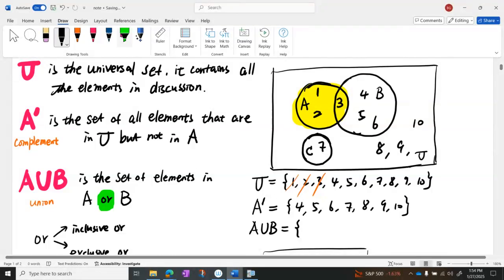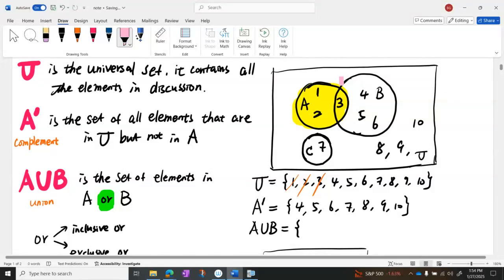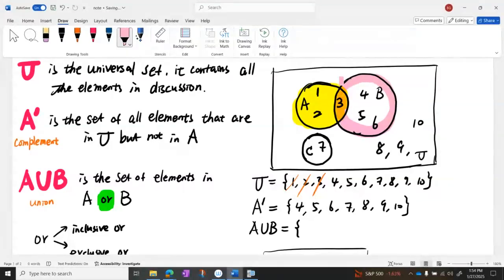This yellow set is A. The pink set, purple, pink. Yeah. So what is A union B?